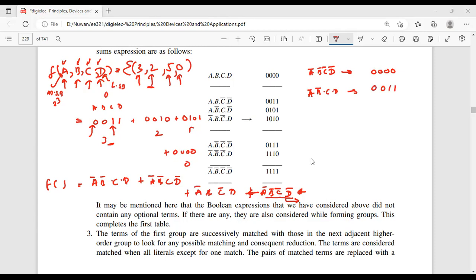This will be a single output question, because the multi-output ones would take much more time. Here there is only one output, F. If it is multi-output, you are given two output expressions, then you have to solve them.